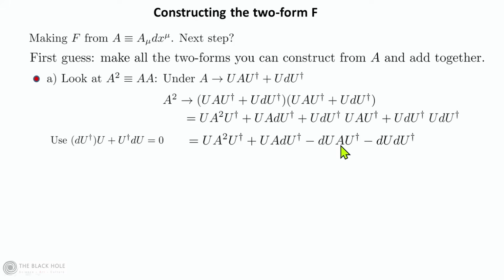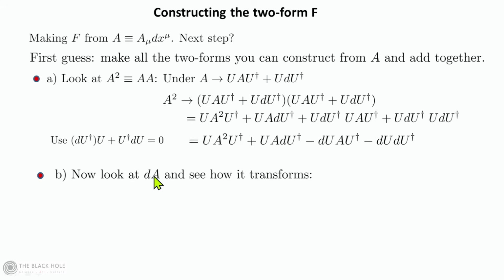And now there's a U dagger U that comes in, which is equal to 1. And finally over here, I'm going to do exactly the same. dU dagger U, okay? These two terms. Now, you can see over here that this is equal to minus dU dagger U. And so U dagger U is equal to 1, and so that's equal to that. Okay, now we've dealt with A squared.